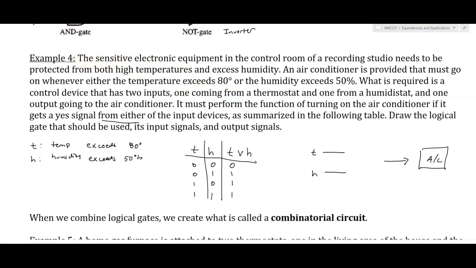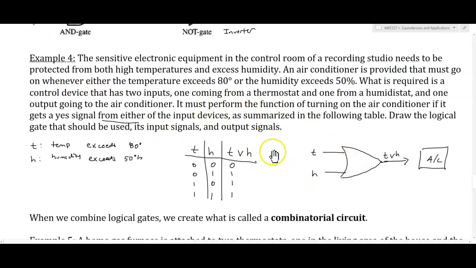So what we want is we want an OR gate in between here. And it's going to take T or H and output that signal, and that's what's going to go to the air conditioner. So we've just applied the Boolean logic to building a logic circuit that will do this for us.